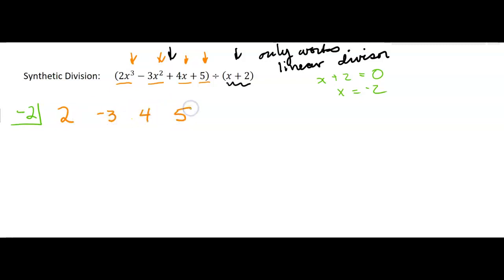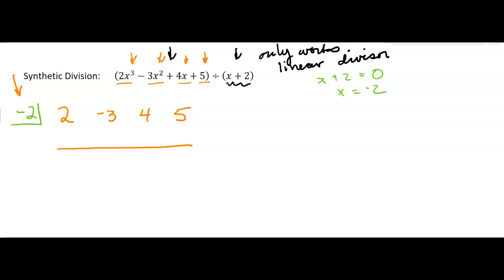You want to space them out just a little bit so it doesn't look like 45. And then leave a little space and draw a line. Okay? That is the setup, and that's half the battle, setting it up. So again, you get this number from the divisor, and then you pull off the coefficients on the dividend. Okay. So it shortens things up because we don't have to write out all the x terms.